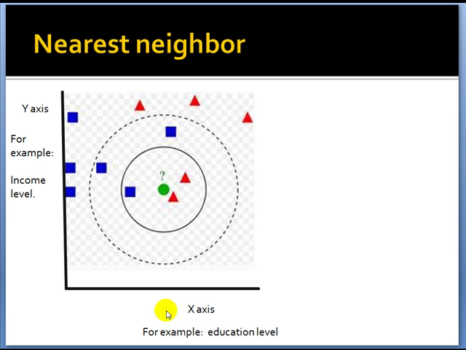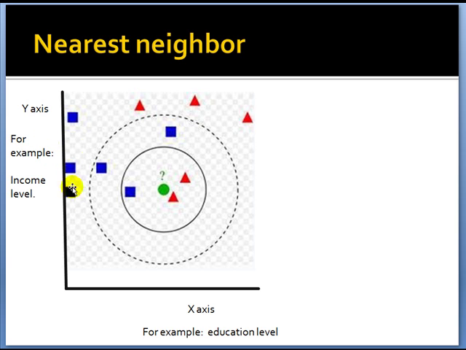Here I'm just supposing that we have two variables, like the x-axis and the y-axis. Here I said, for example, suppose that instead of humidity and temperature, we have education level and income level. So something over here, for example, this one would be high education level and also high income level.